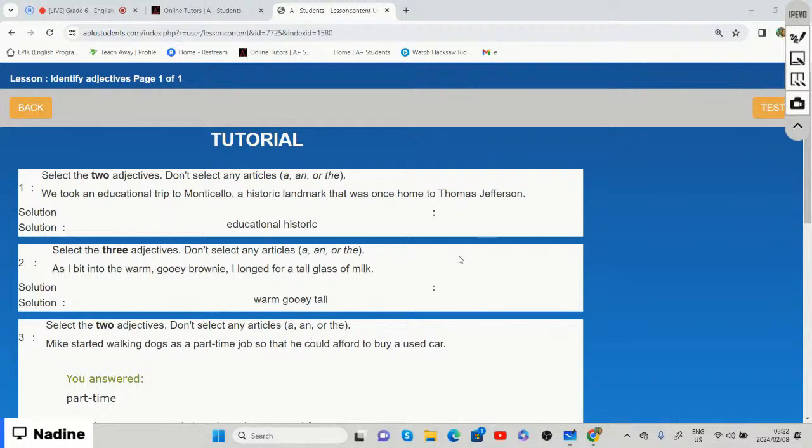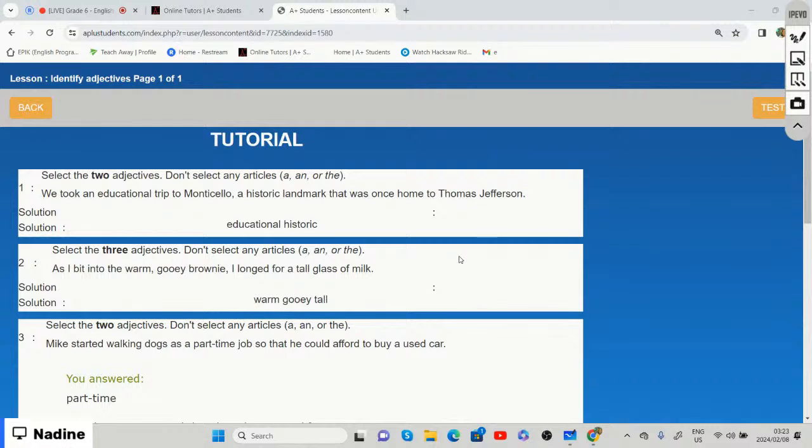So we need to select the two adjectives, right, that describe or modify a noun.